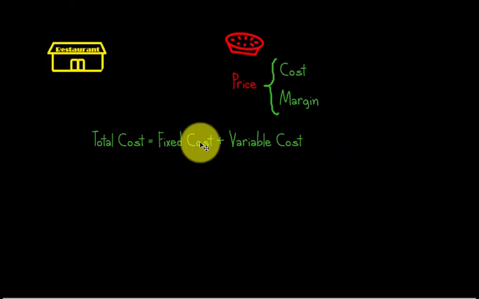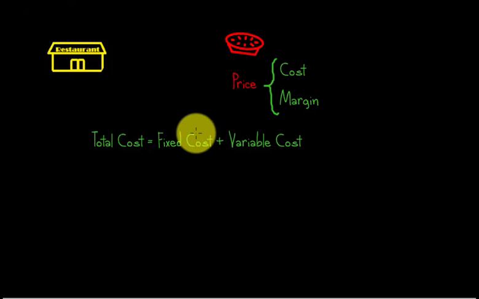Here's the question: what's the difference between this fixed cost and this variable cost? Well, the fixed cost is an element to produce the apple pies, but it's going to be constant over time. So no matter if we increase the quantity of apple pies, the fixed cost is not going to increase too much.